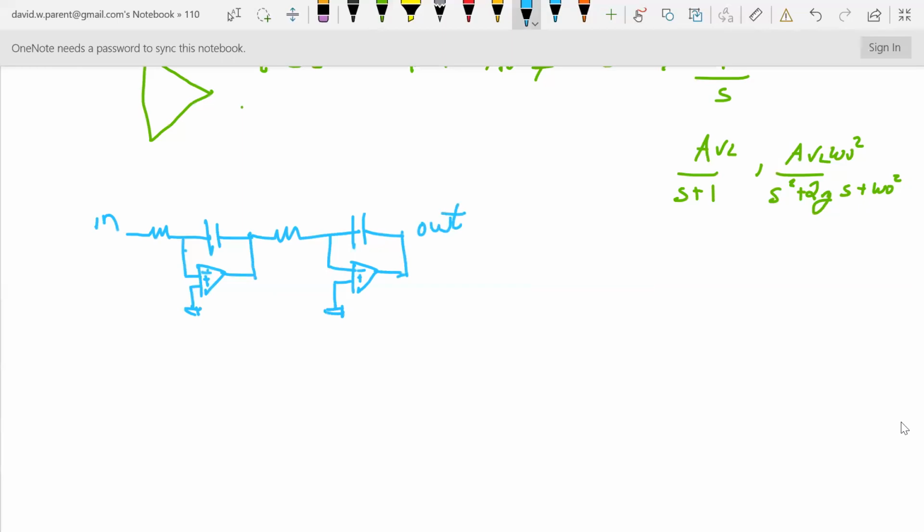If you see this, you can't really go through the full-blown nodal analysis, come up with a transfer function, multiply them together, right? You just would recognize, hey, this is just minus 1 over S RC.